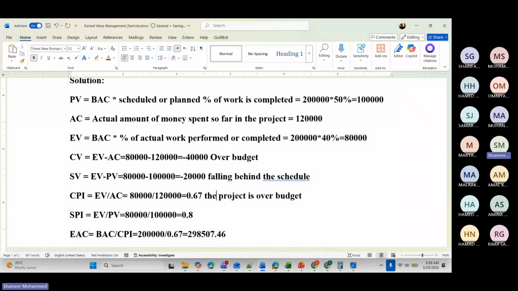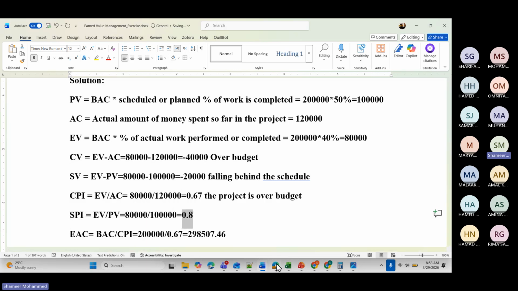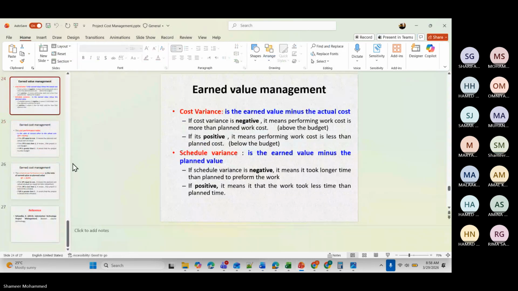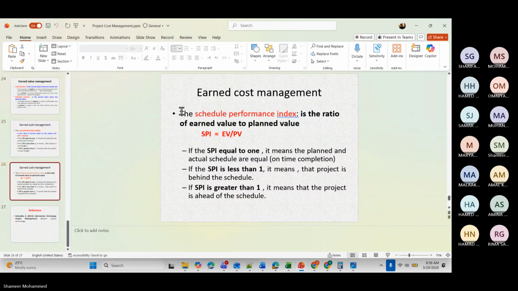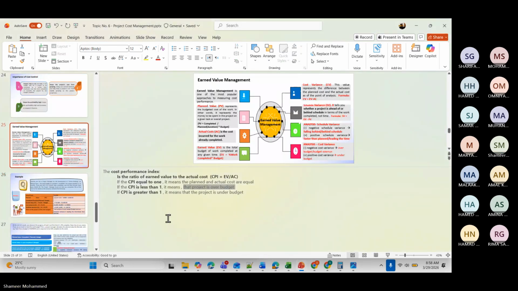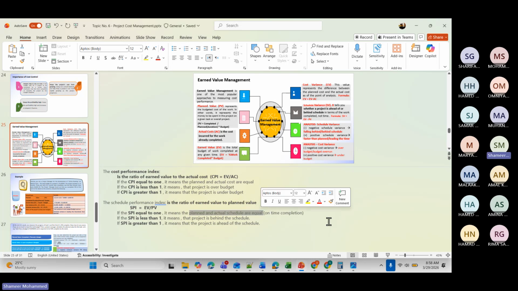Okay. Next, another one, schedule performance index, right? I'll give you the values here. You can note down, this one is additional. If the schedule performance index is equal to 1, your planned and actual schedule are equal, meaning you completed the task on time.